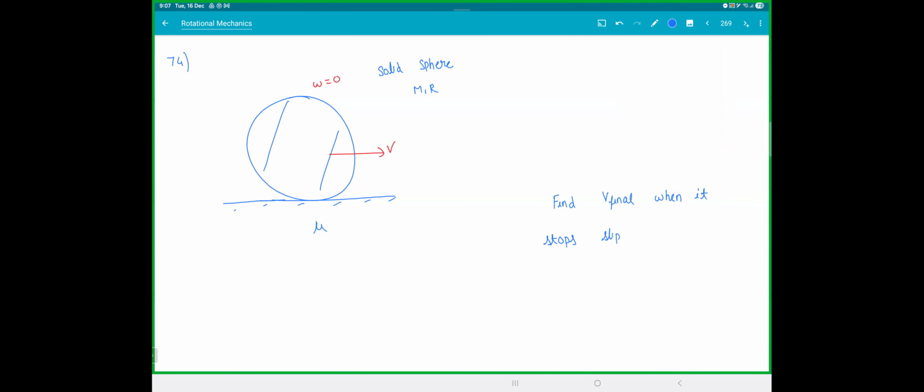So initially there will be slipping. This is what actually happens when you do bowling. You throw the ball with speed V without any spin. It slides and then starts rolling, and it starts pure rolling after some time. Find the final speed when it starts pure rolling.